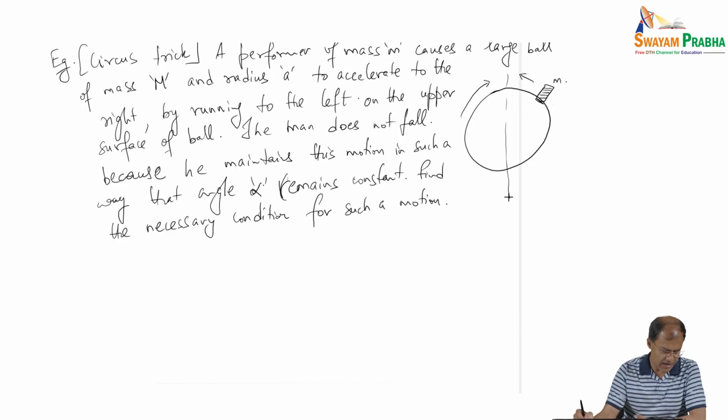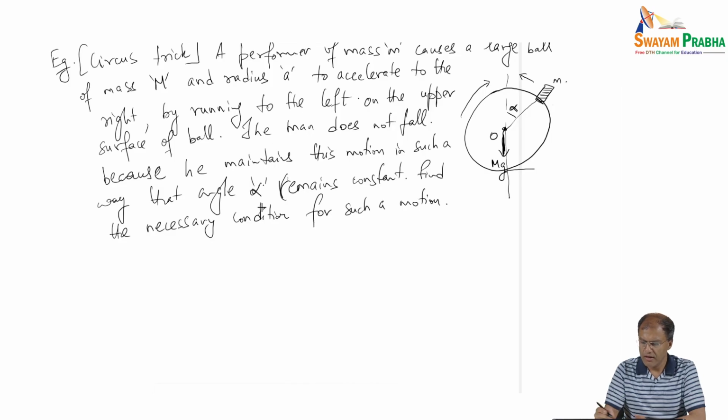Let us set up this. So we have the ball with center O, and then we have the weight of the ball acting downward, and the man is standing on the ball but going to the left, such that this angle alpha remains constant. Of course the ball is going forward. Is it given that the ball is not slipping, it is rolling?